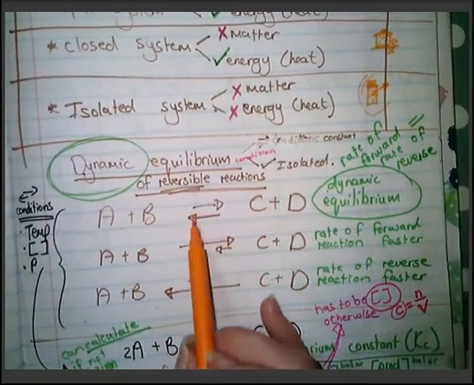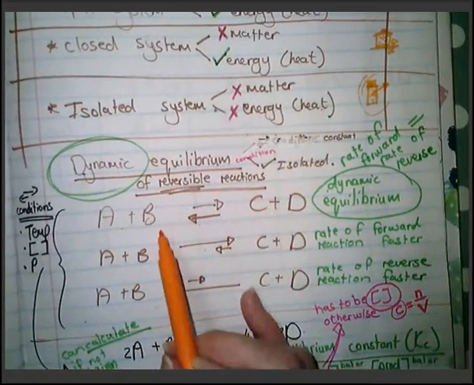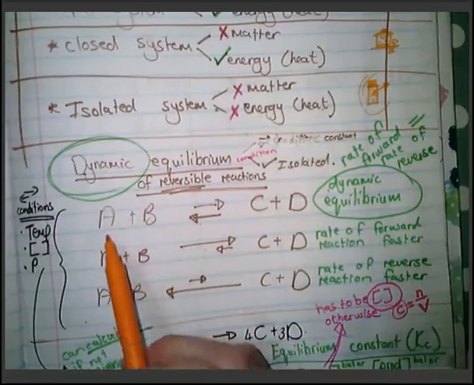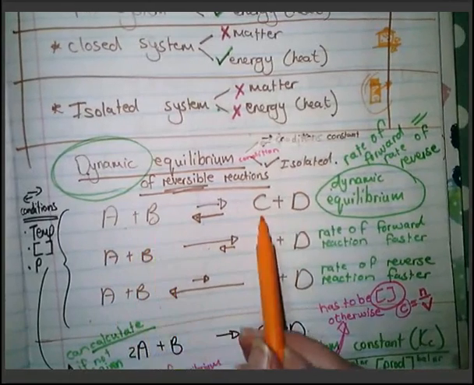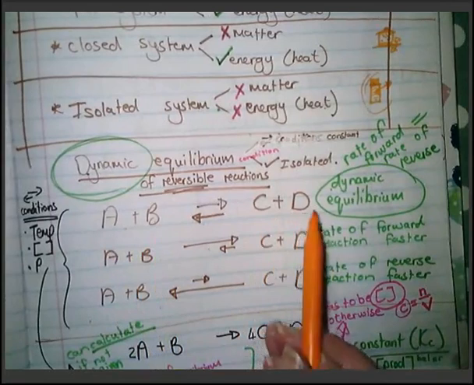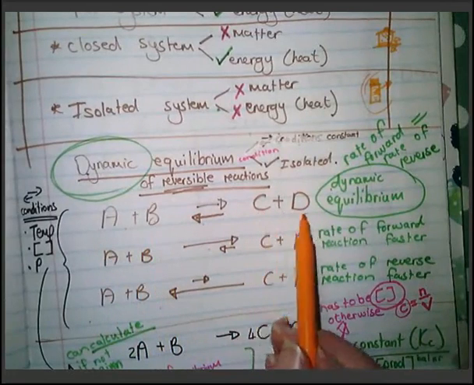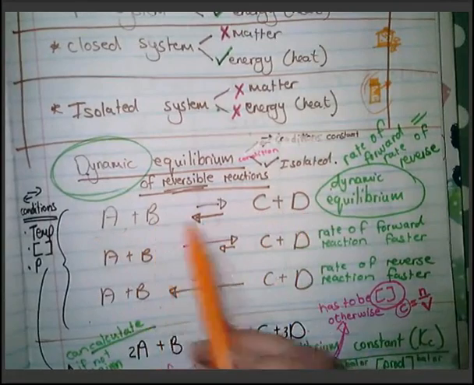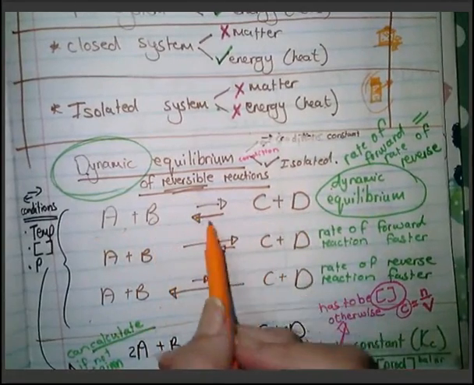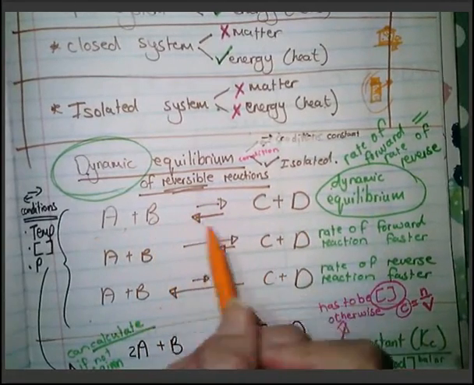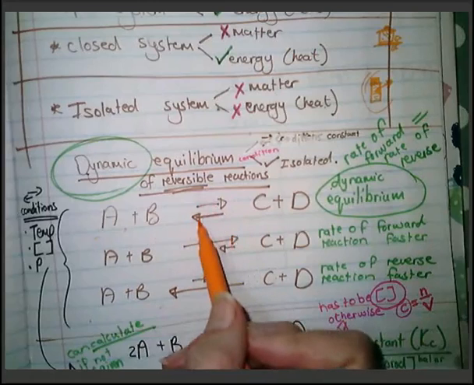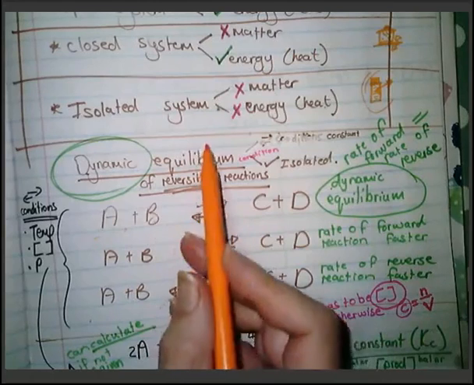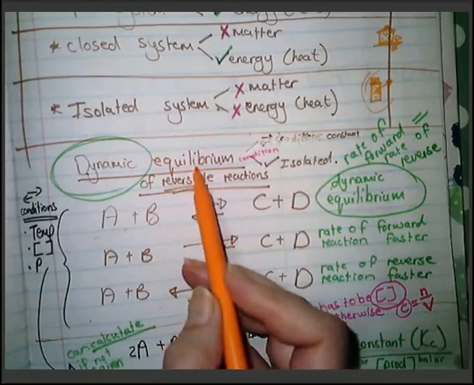So that reaction can take place in the opposite direction as well. So A plus B can form C plus D. But C plus D can also, again, form A plus B. So, in a reversible reaction like this, we can get to a condition that we call equilibrium.